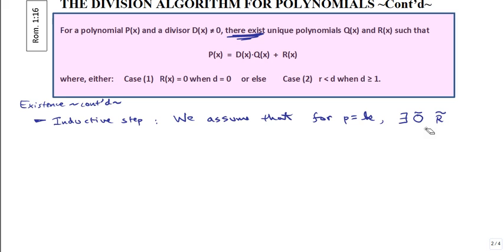Let me write these in terms of x so there's no confusion what we're talking about here. We are in fact talking about the quotient polynomial and the remainder polynomial at the kth step. We assume that there exist these q tilde and r tilde such that I can write my dividend polynomial, p tilde, in this fashion.